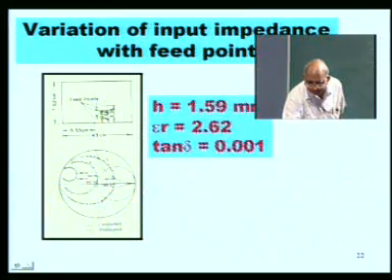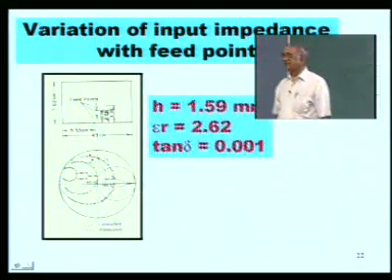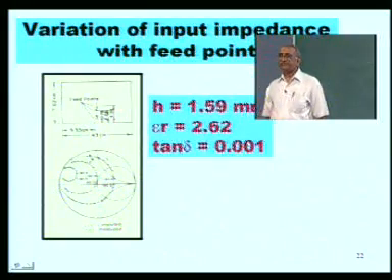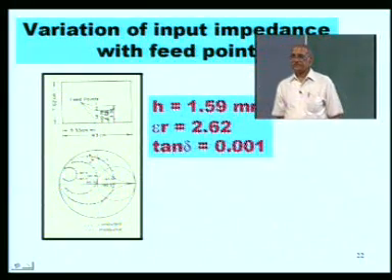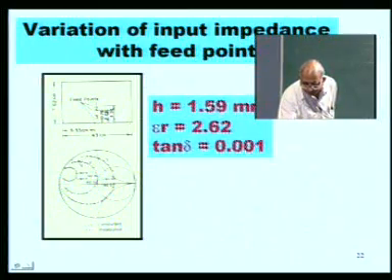If you shift it towards the edge, then the impedance locus changes like this, and it passes through the center of the Smith chart where the impedance is 50 ohm, passes through the unit circle over here. Whereas, for feed point number 3, this is the impedance locus.